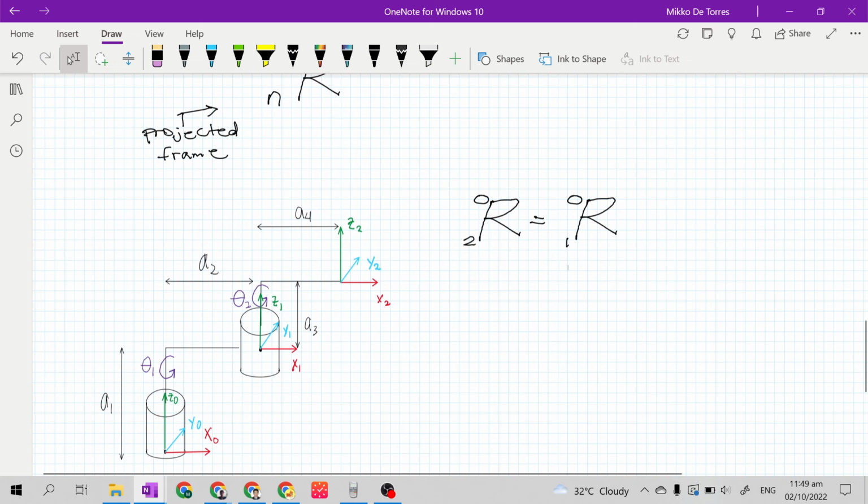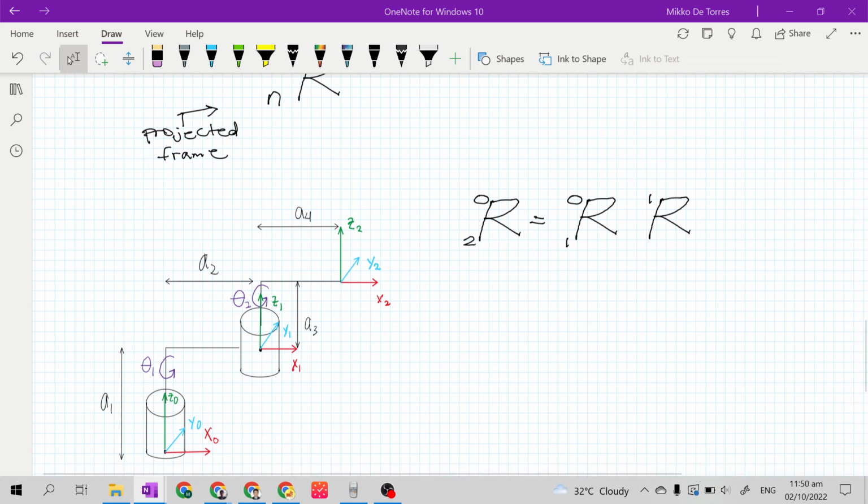Next is the rotation matrix from frame 1 to frame 2. So again, we will have here a capital letter R, and then our reference frame is frame 1 because we started at frame 1. Then our last frame, which becomes our projected frame, is frame 2.